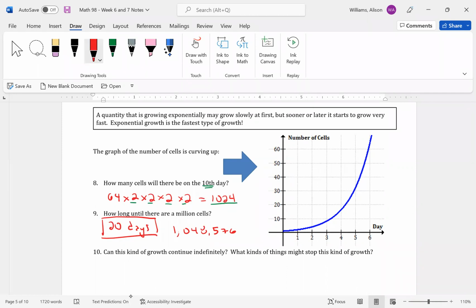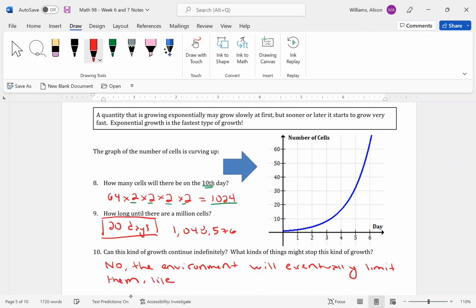So no, it can't continue indefinitely. The environment will eventually limit them. Most likely, they'll run out of space.